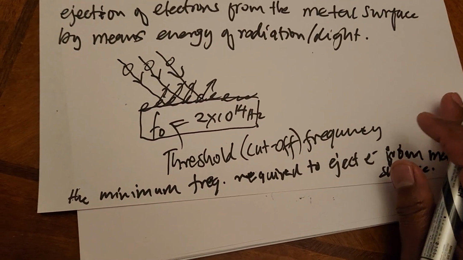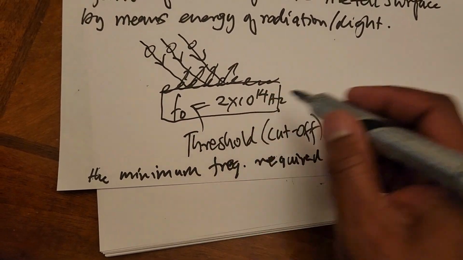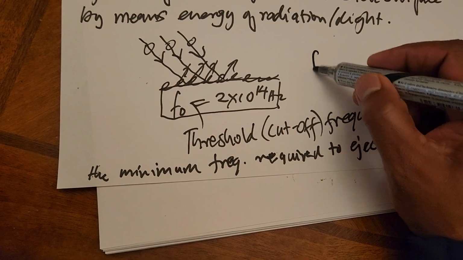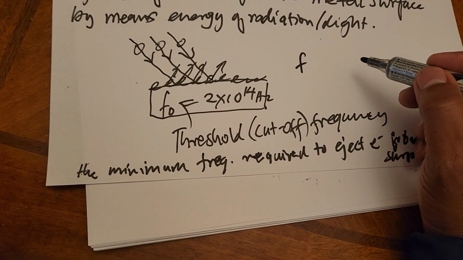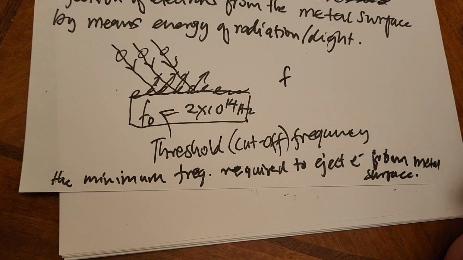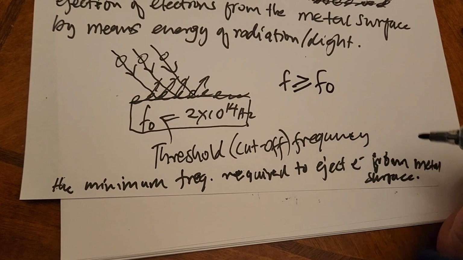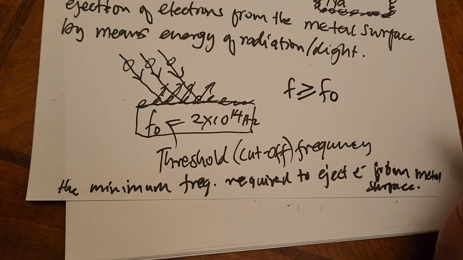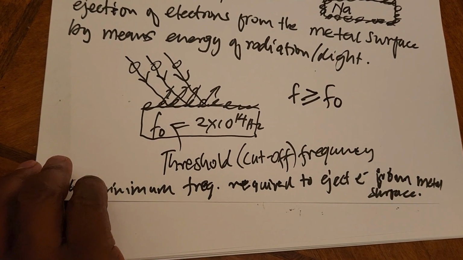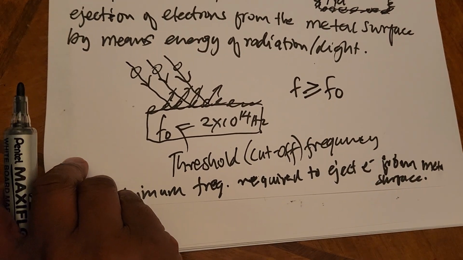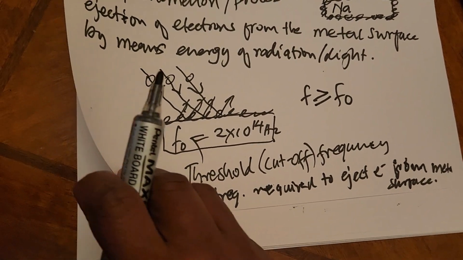That's what you call threshold frequency, meaning that for electrons to be ejected, the frequency of a photon of the oncoming radiation must be greater than or equal to the threshold frequency. That's the first condition.